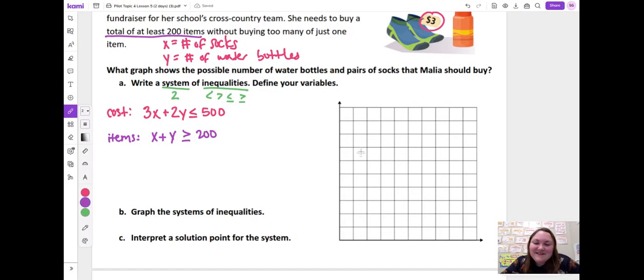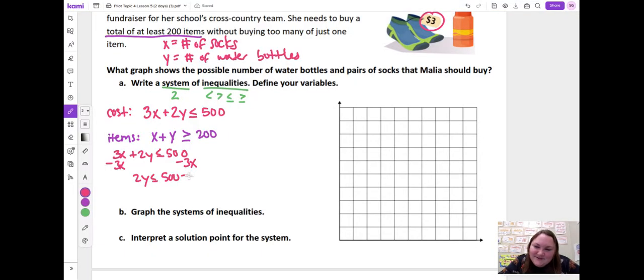In order to graph the system of inequalities, look at these two inequalities. They are not ready to graph yet. So the first thing we need to do to help us graph is we're going to solve for y to get it into slope-intercept form. So for example, for 3x plus 2y is less than or equal to 500, I'll start by subtracting 3x on both sides.